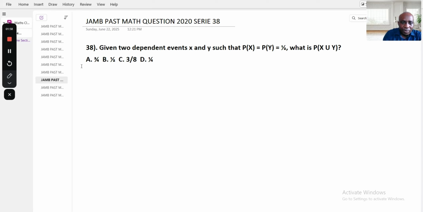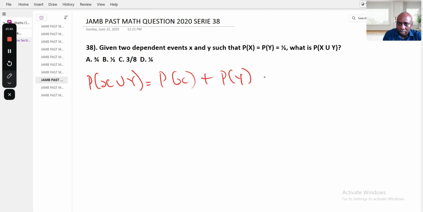Therefore, to find the probability of their union for X and Y, we say probability of X plus probability of Y minus multiplication of their probability. Therefore, probability of X multiplied by probability of Y. This is the way we are going to solve it.